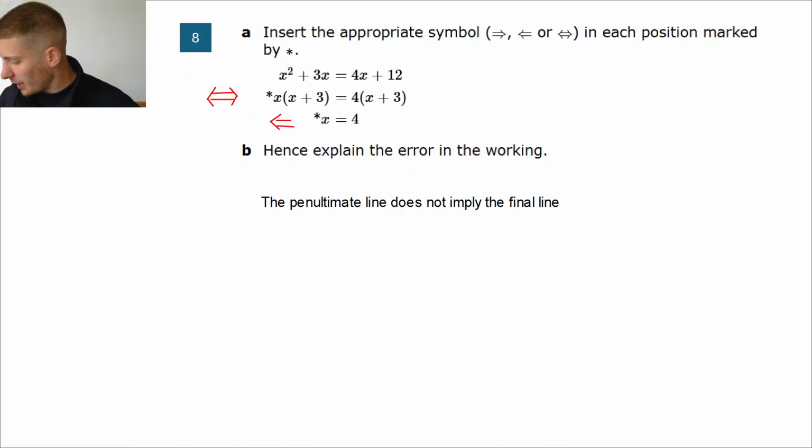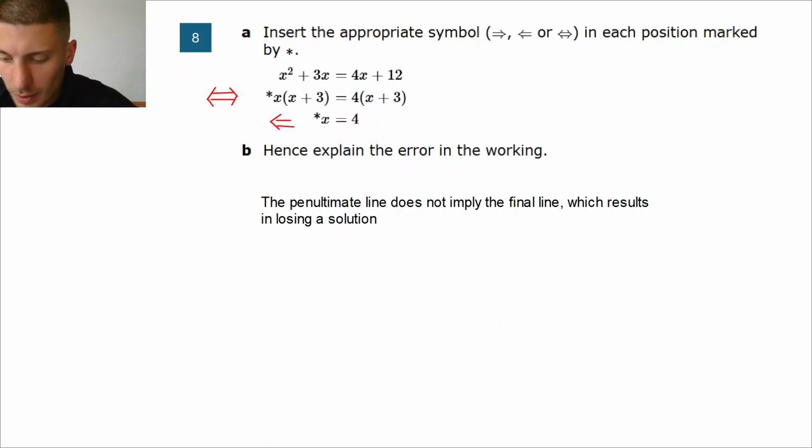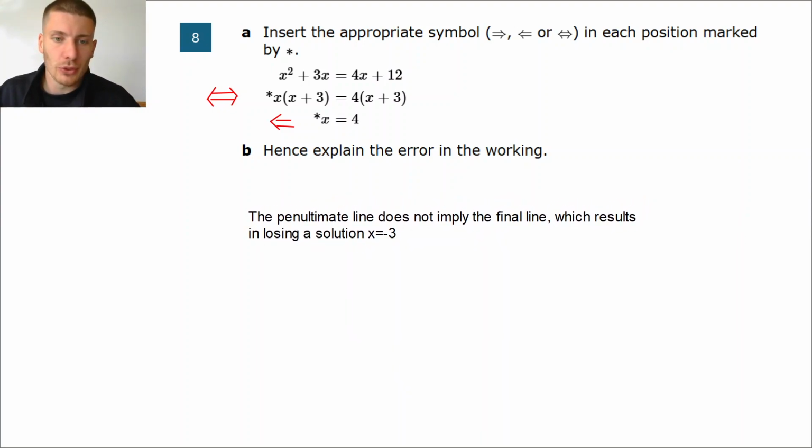Penultimate just means second to last, which results in losing a solution, x being equal to negative 3. So you've got to be really careful there. x is 4 is one solution, but you're missing x being equal to minus 3. So that is the error with the working.